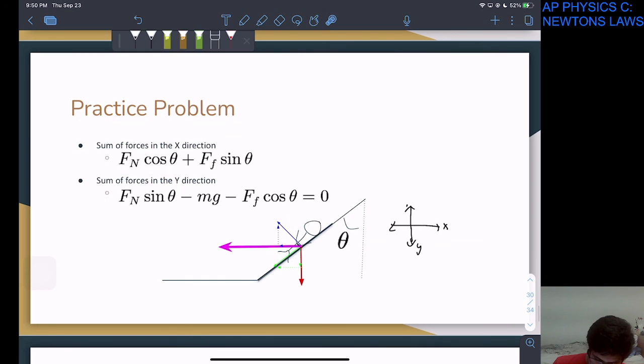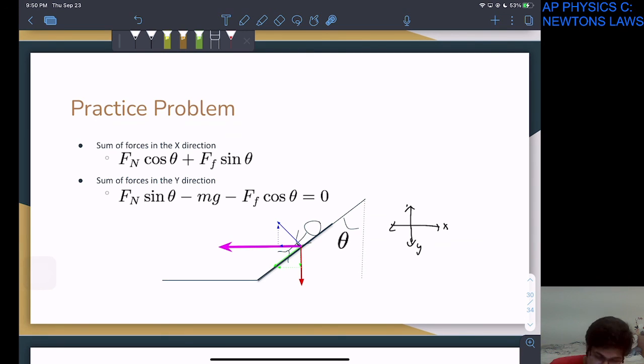And for gravity, which points downwards, our x component is going to be the sine of theta. So we get this term. Does it equal 0 though? I don't think so, right? Because if it were to equal 0, there's no motion, but when it starts to slip, that's when we actually have motion, so the sum is not equal to 0.